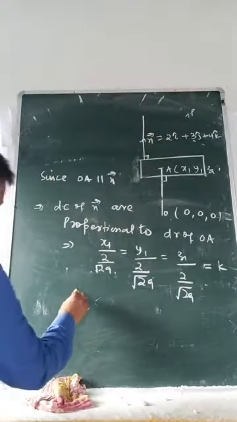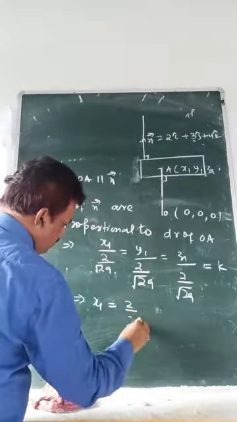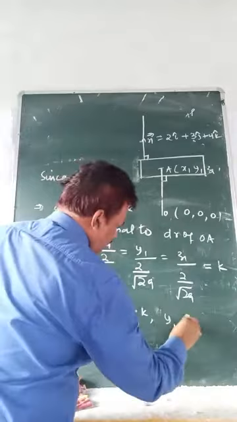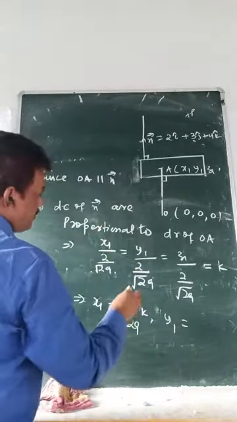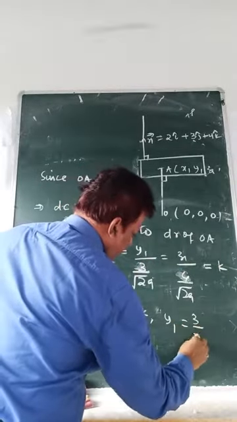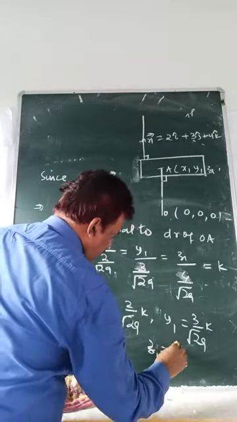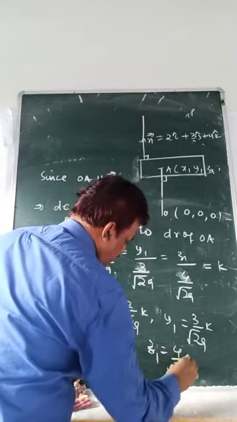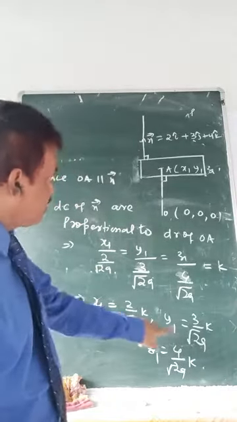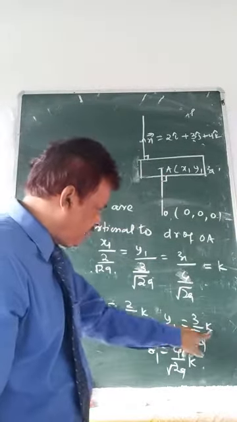Means you got x1 equals 2 by root 29 k, y1 equals, sorry, this is 3, this is 4, 3 by root 29 k, z1 equals 4 by root 29 k. You can find the foot of the perpendicular x1, y1, z1 if you know the value of k.